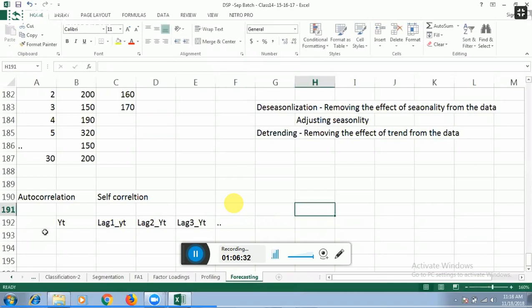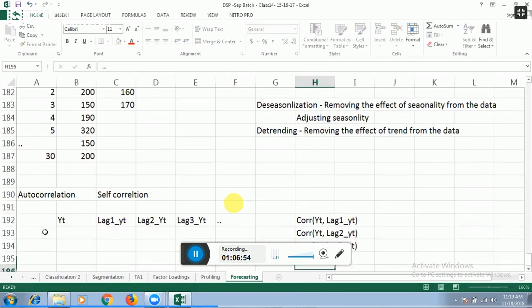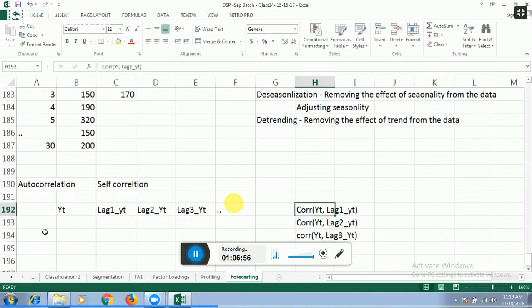So if I take a correlation between YT and lag1 YT, correlation between YT and lag2 YT, and correlation between YT and lag3 YT, and so on, what does this indirectly tell me? Okay, let me explain this one.